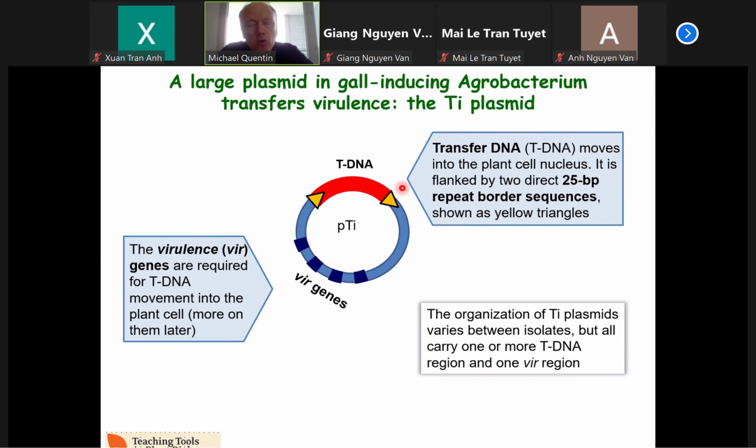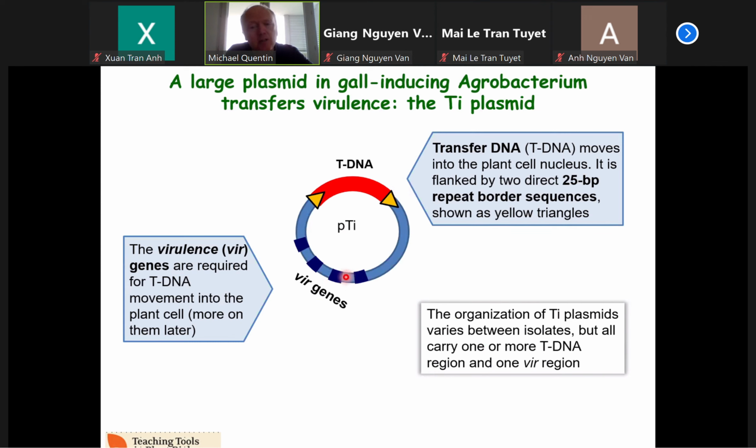At this time, the whole structure of the plasmid was described. And it appeared that different regions were identified on this plasmid. One region was called the tDNA, and it's the part of DNA which will be transferred to the plant cell nucleus. And another part was called the virulence region of the Ti plasmid, and this part encoded several proteins.